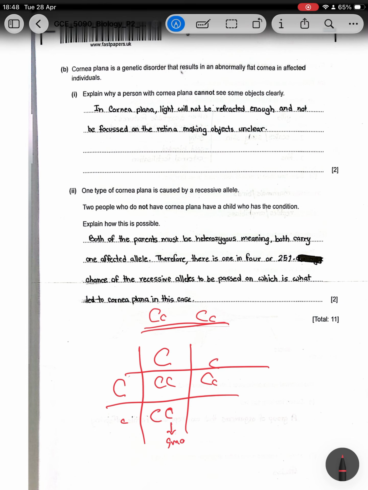Sorry, this is small. So there's a 1 in 4 chance that this can be passed on, indicated by the small c's, and whenever you have the capital C, it's not possible for the person to have cornea plana. Only when you have the two small letter c's, you have a 25% or 1 in 4 chance for this to be passed on to your offspring.